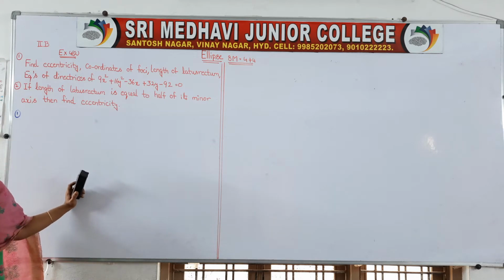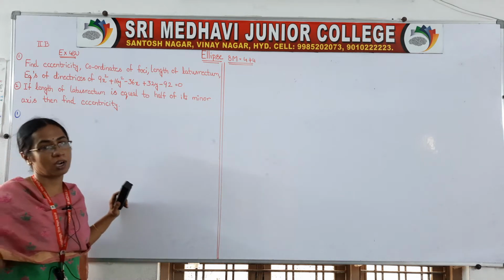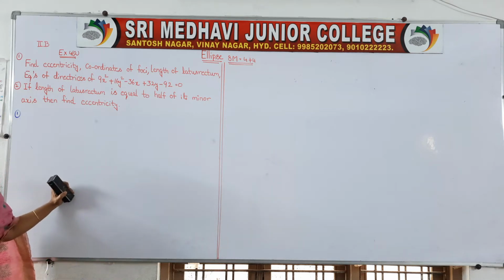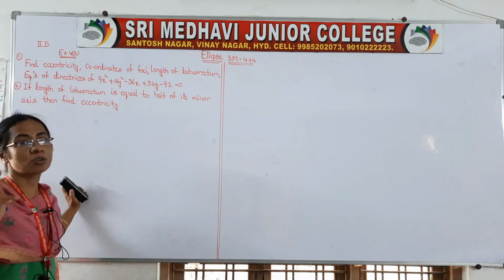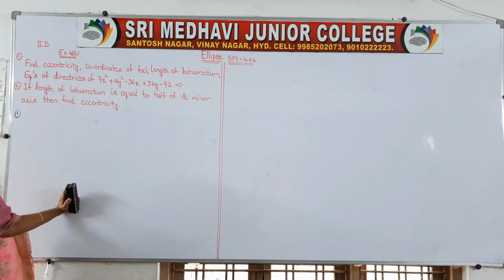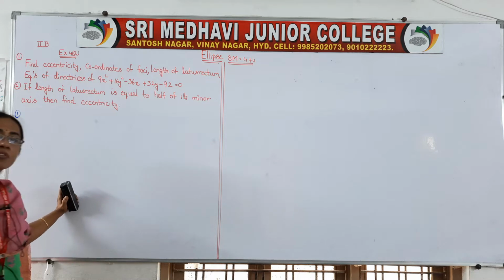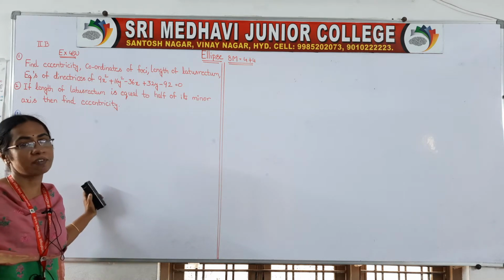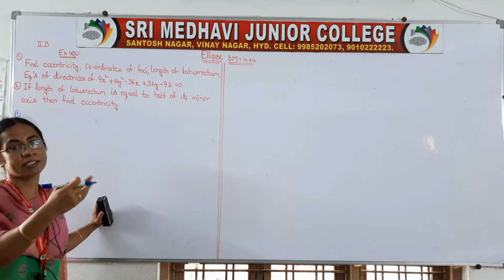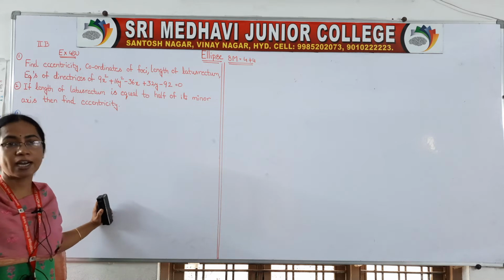Suppose the equation contains x square, y square, x term, y term, all the terms, then it will be the third and fourth form, right? (x minus h) whole square by a square plus (y minus k) whole square by b square is equal to 1, where in the first a is greater than b, in the second a is less than b. Like that we have to reduce the equation so that we can know our h value, k value, a value, b value. With that we can find the eccentricity, foci, equation of directrix and everything.